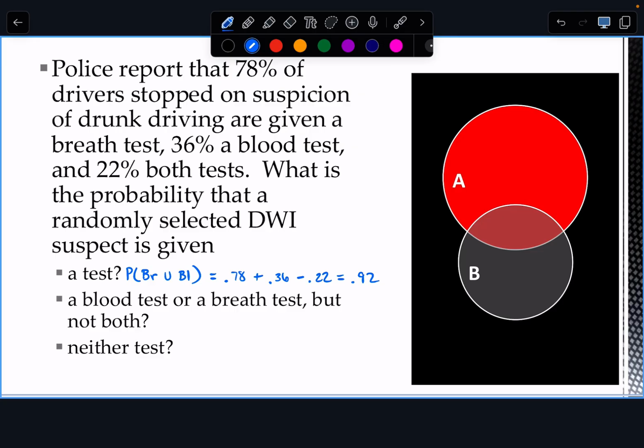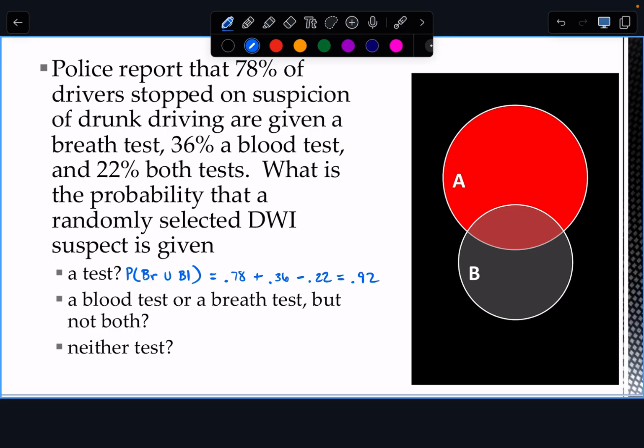So let's take a step back and think about the Venn diagram. This is a tool that we can use. It's going to break the problem down into simpler pieces. So when they ask the different probability questions, all I have to do is go to my Venn diagram and pick out the pieces I want and put them together.